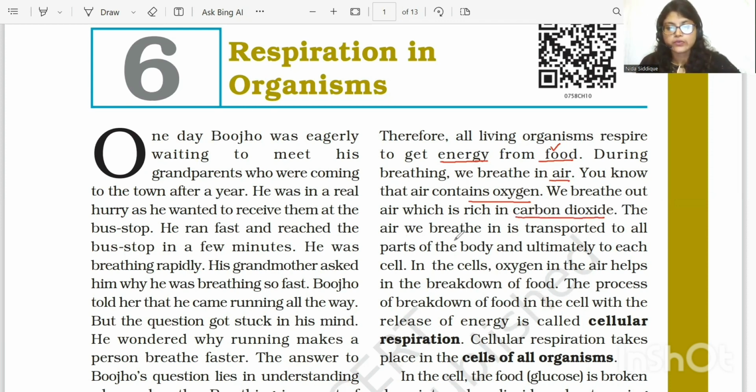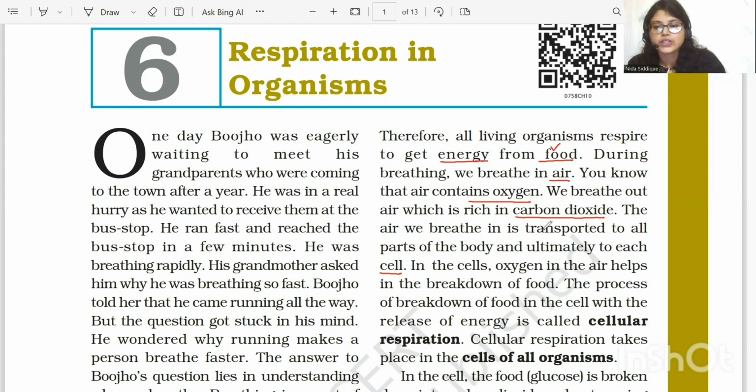So the air which we breathe in is transported to all the parts of the body, and finally it reaches the cell. Okay, जो भी हम air inhale कर रहे हैं, इसमें oxygen present होता है, और ये oxygen हमारे हर एक body part में transport होगा by blood.